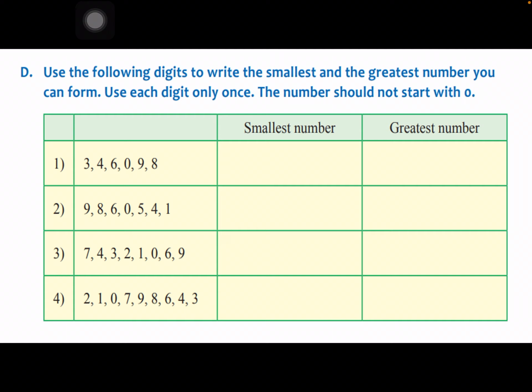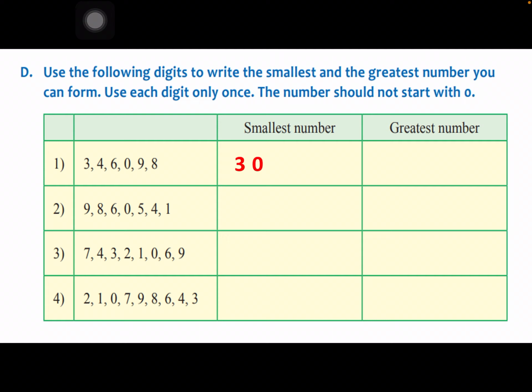Number 1, the smallest number you can form. You write from the smallest number to the biggest number. You arrange the numbers. The smallest number here is 0, but we cannot start with 0. We start with number 3. Next the smallest number is 0, so we write 0.